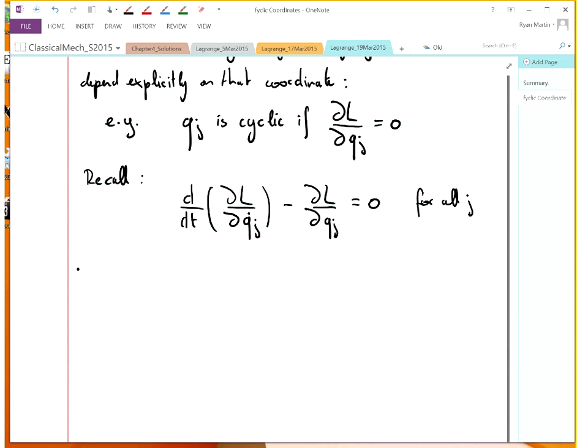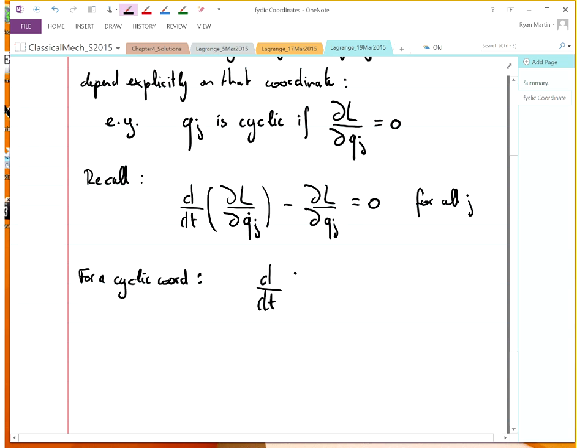Now, if q_j is cyclic, then the second term in the Euler-Lagrange equation is 0, by definition. So what does that mean?